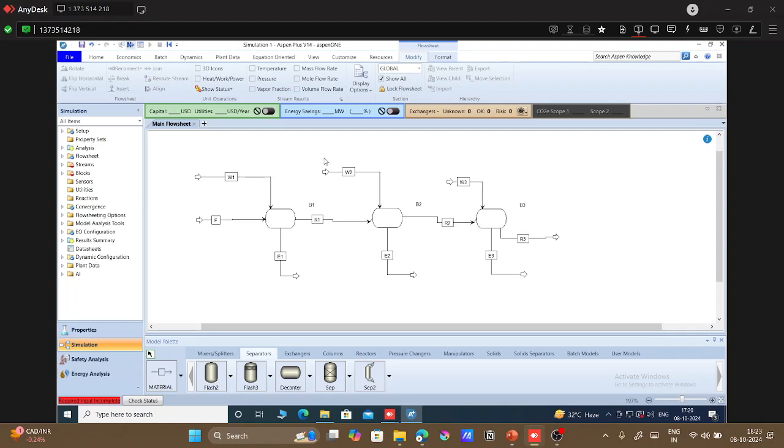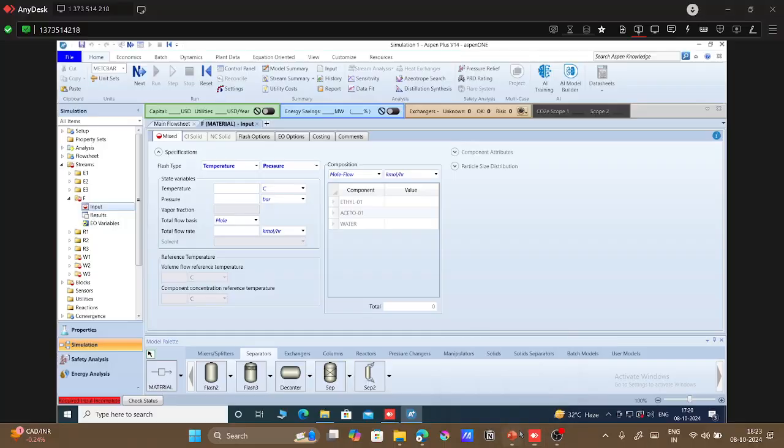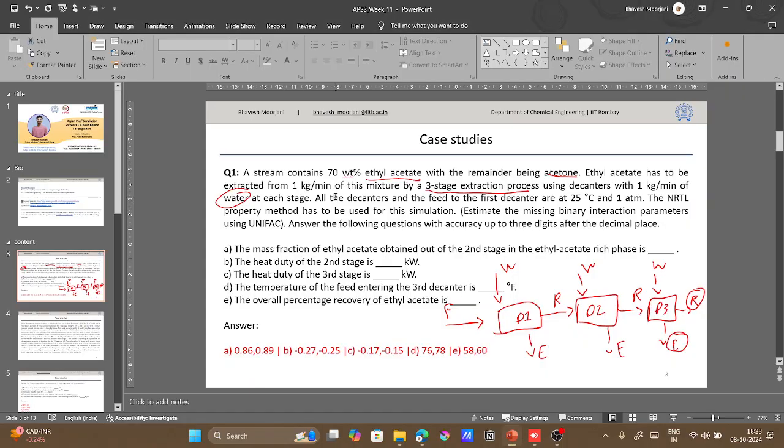Specifying composition feed data. So first, for the feed we have a flow rate of 1 kg per minute of ethyl acetate and acetone mixture with 70% of ethyl acetate. Feed is coming at 25 degrees centigrade and 1 atmosphere.